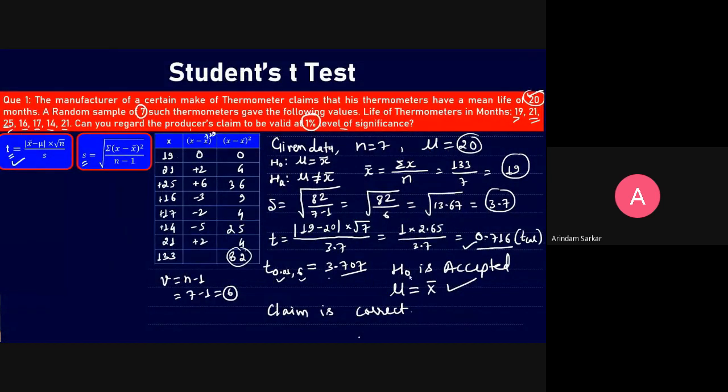So the calculated value falls between plus 3.707 and minus 3.707. Yes. So H0, the null hypothesis, is accepted, that designates that mu equals x bar. Okay.